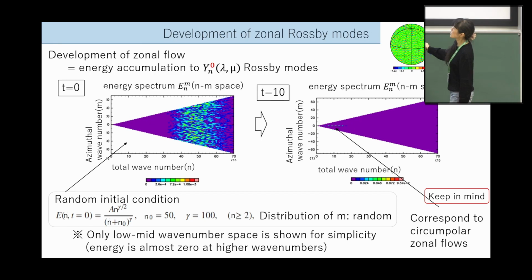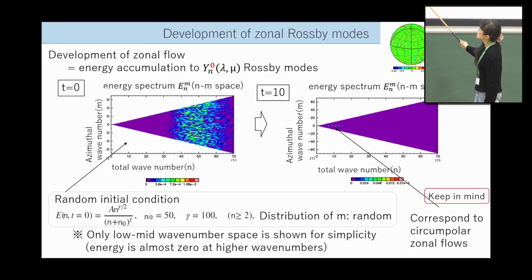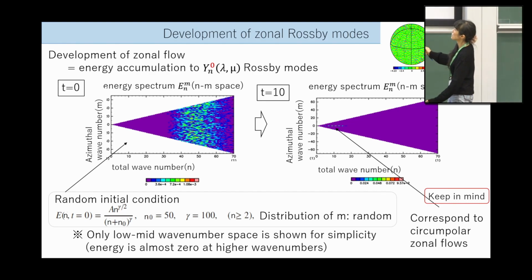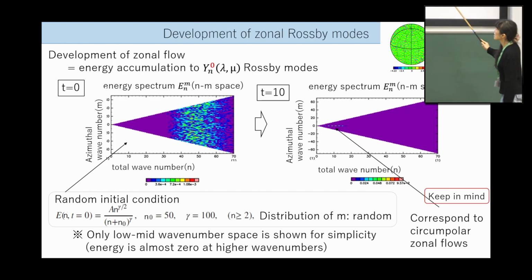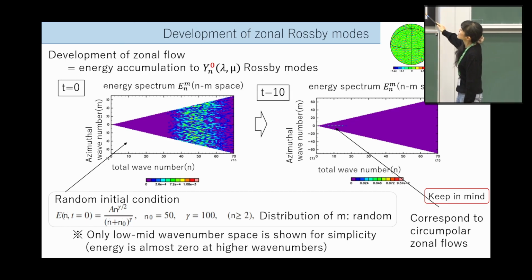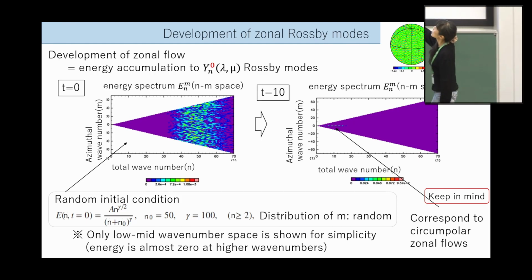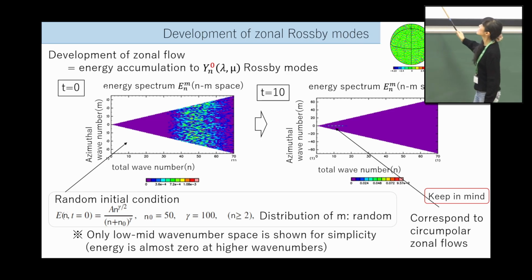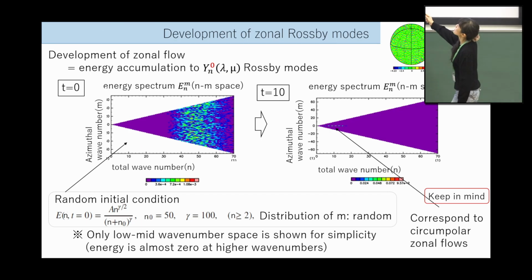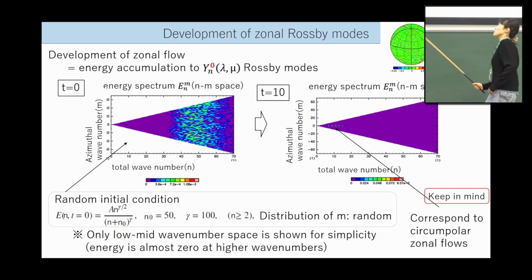So the development of the zonal flow is equivalent to the energy accumulation to Yn0 zonal Rossby modes. This is the energy spectrum at t equals 0 of the flow. We see random and uniform energy distribution around here. But after a sufficiently large time, for example at t equals 10, we have an energy spectrum like this. Here the horizontal axis is the total wave number, which is the subscript of the spherical harmonics, and the vertical axis is the azimuthal wave number, which is the superscript of the spherical harmonics.